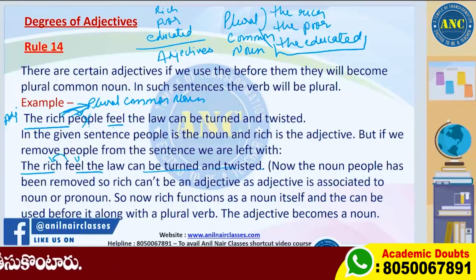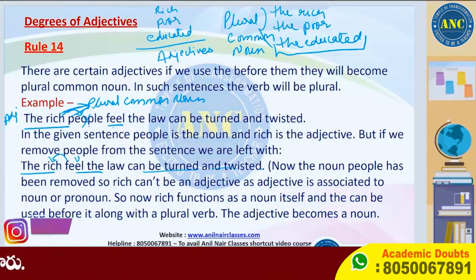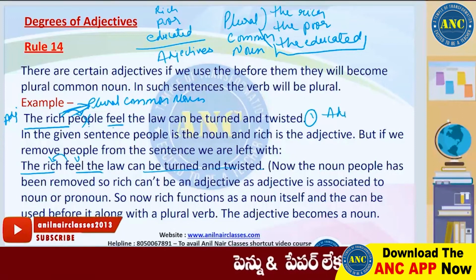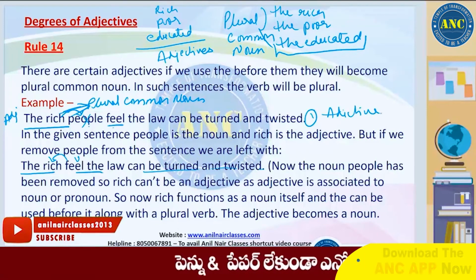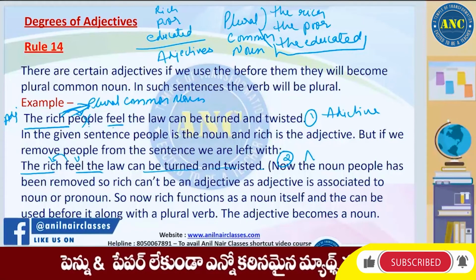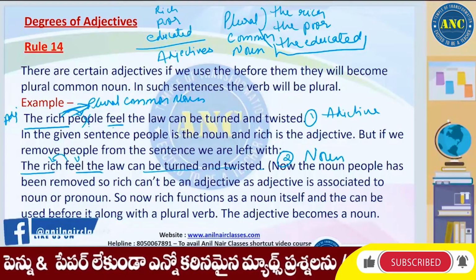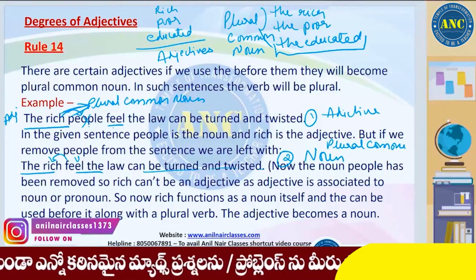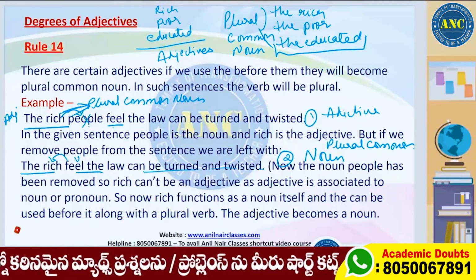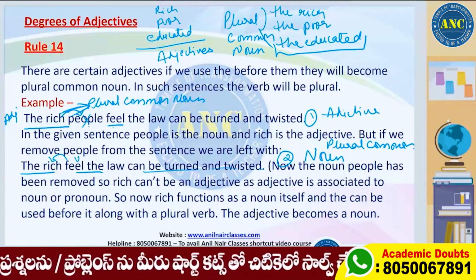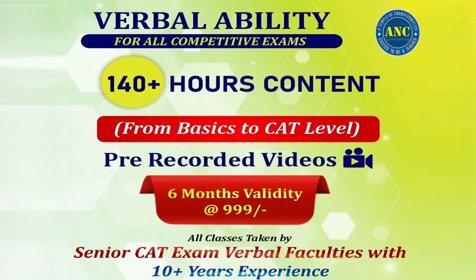That means we are talking about all the rich people, right? So in this sentence, the first one, the rich is acting as an adjective. In the second sentence here, the word rich is acting as the plural common noun. Clear? So we know that adjectives can function as nouns also, and nouns can function as adjectives.